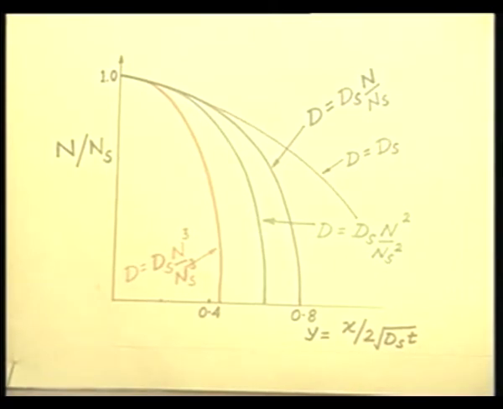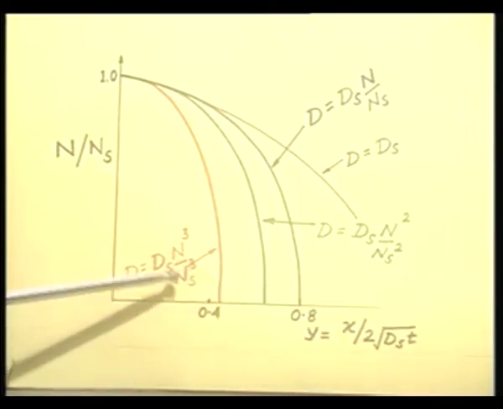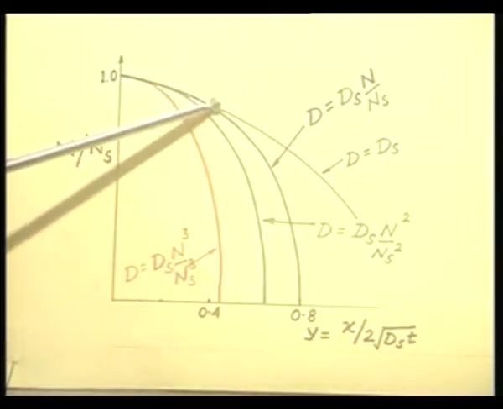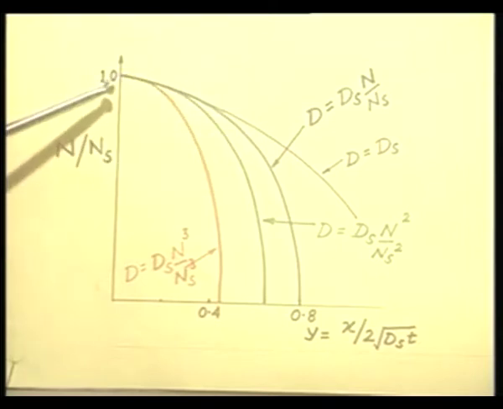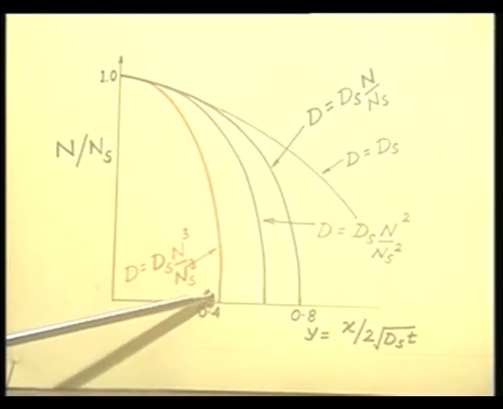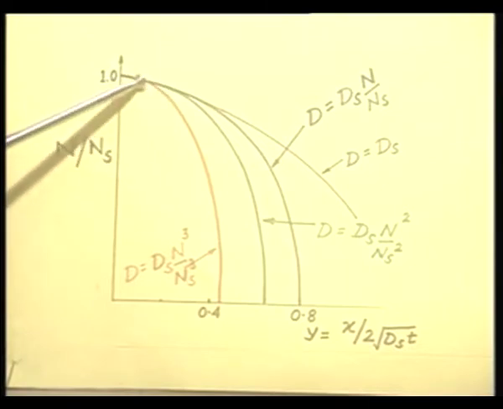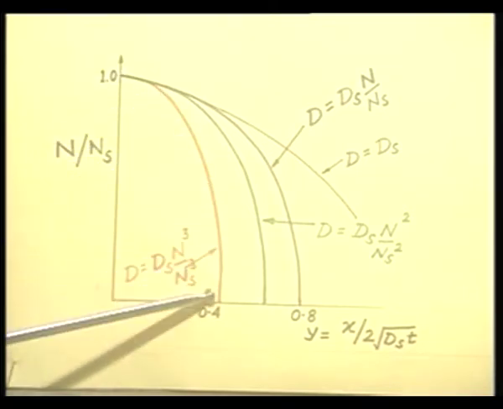In the complementary error function profile, the junction is much deeper compared to the other three cases, and the doping concentration is falling right from the surface, gradually. Whereas, compare it with D equal to Ds N cube by Ns cube: the junction is much shallower and it remains at the surface concentration level for a much larger part of this junction and then falls more steeply.